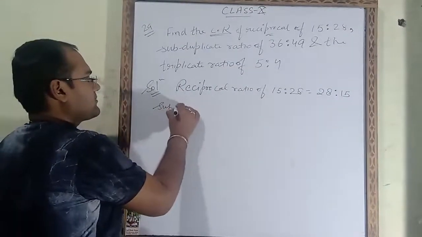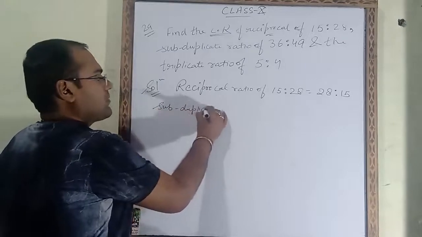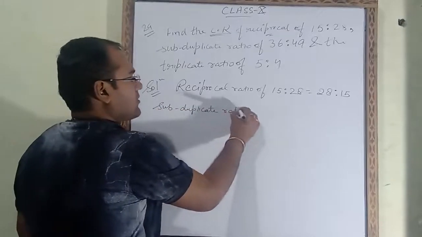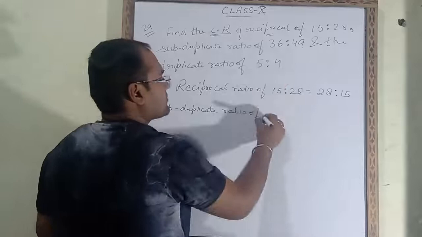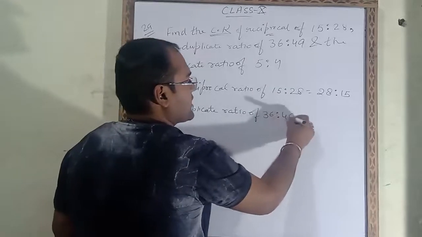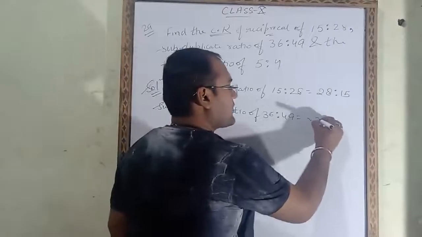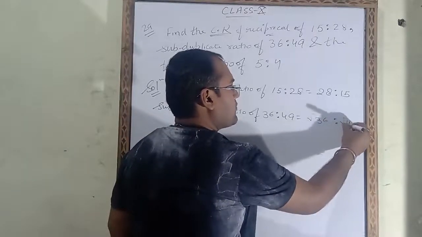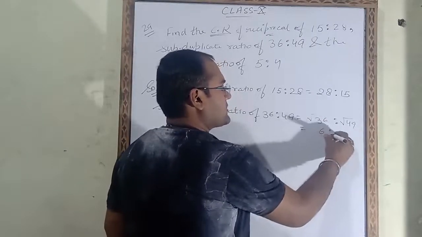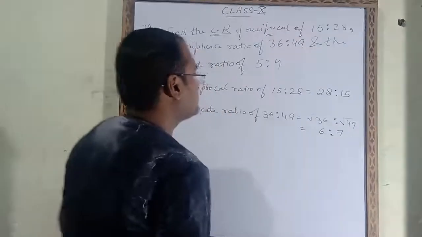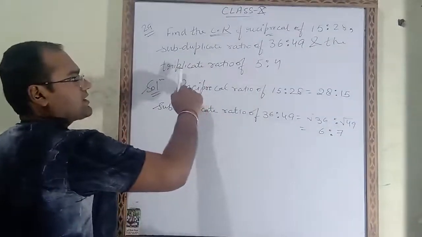Then the subduplicate ratio of 36:49. In subduplicate, you have to take the square root of 36 : square root of 49, that means 6:7. And after that is a triplicate ratio.